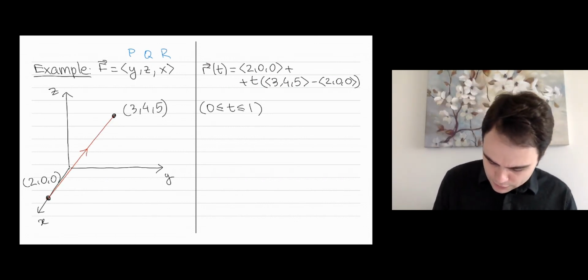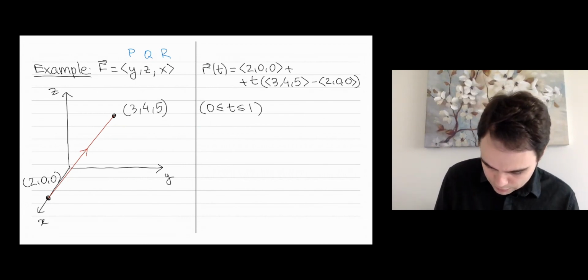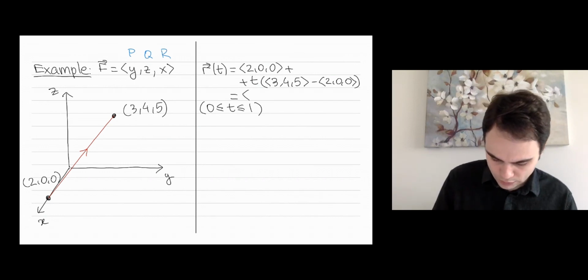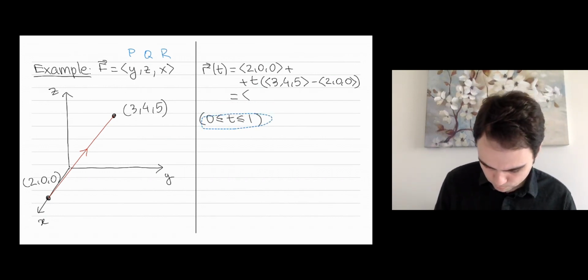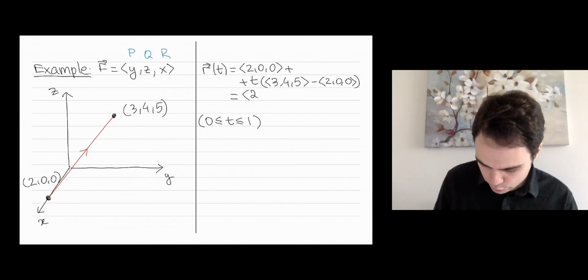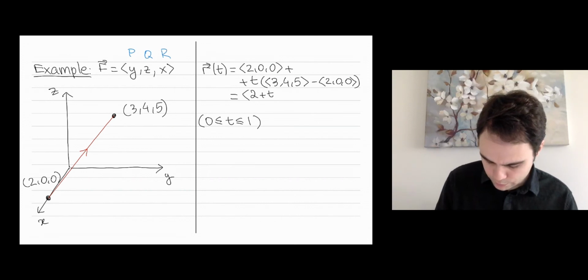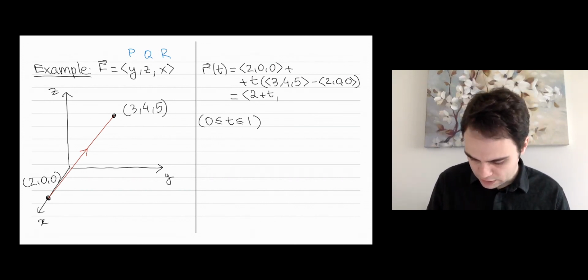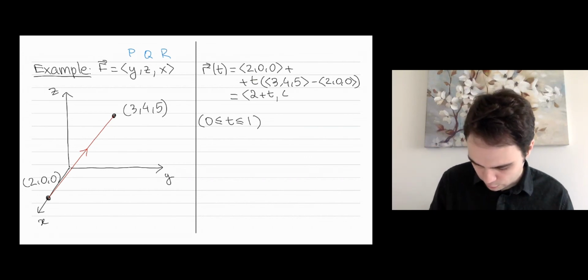Okay, so now let me expand and write this parameterization in the way that we'll use it. So the x component of the parameterization is 2 plus t times (3 minus 2), that's 2 plus t. And then the y component is t times (4 minus 0), that's 4t.